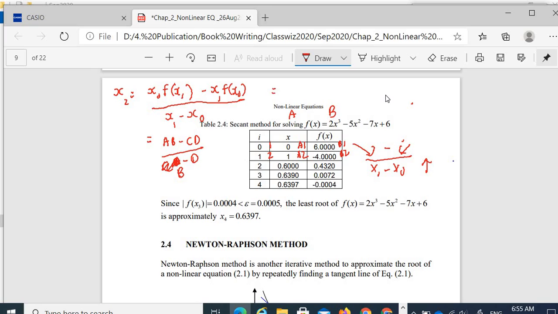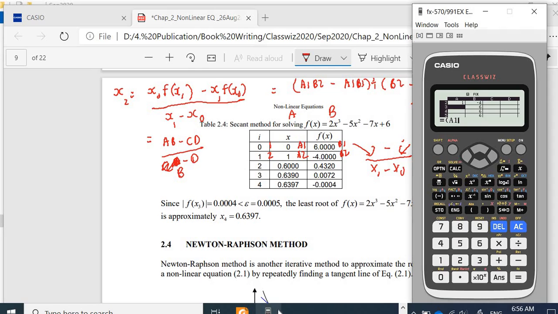Then the formula you key in will be A1 times B2 minus A2 times B1, divided by B2 minus B1. You understand how Excel works. Then you just key in the formula A1 times B2 minus A2 times B1.